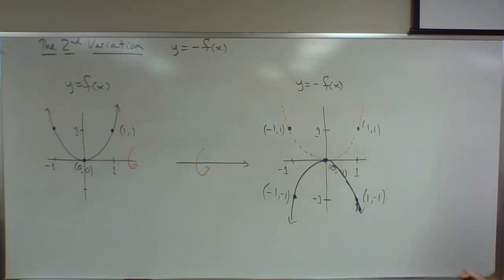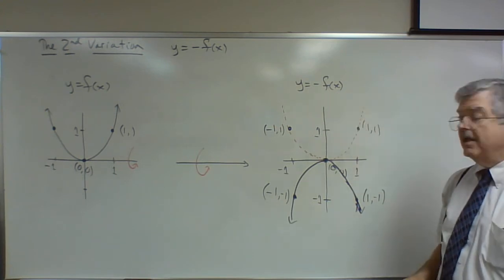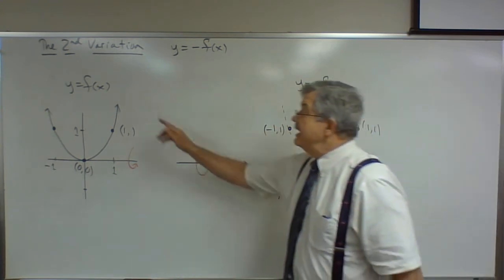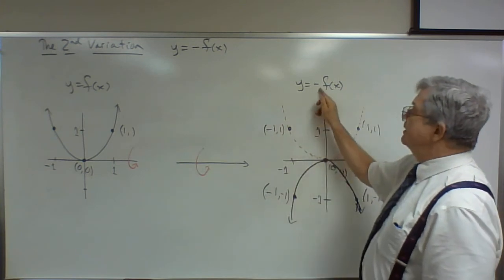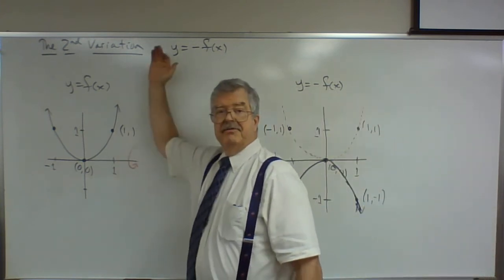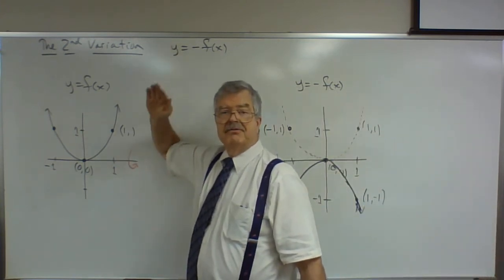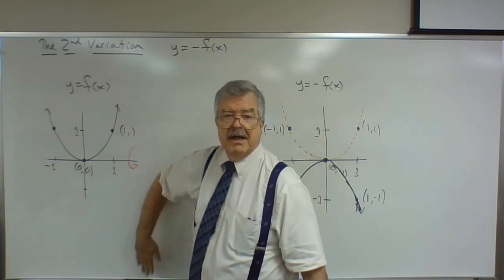And there we have the graph of the new function. Multiplying a function by -1 just takes the original function and revolves or rotates it about the x-axis.